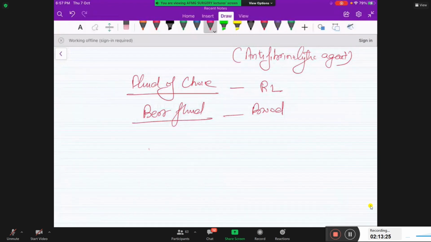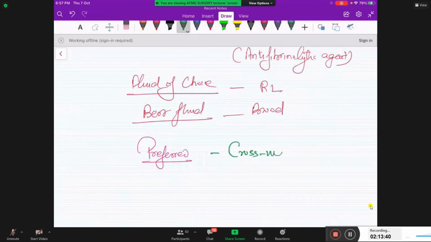So, which blood is preferred? Very commonly asked question. The preferred blood is always, without any confusion, cross-matched blood.